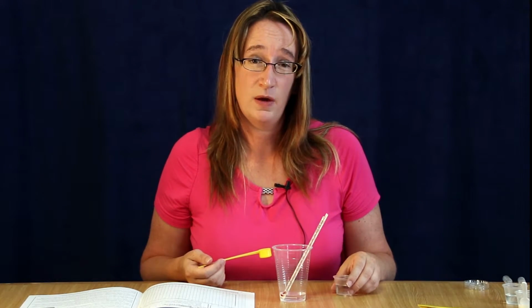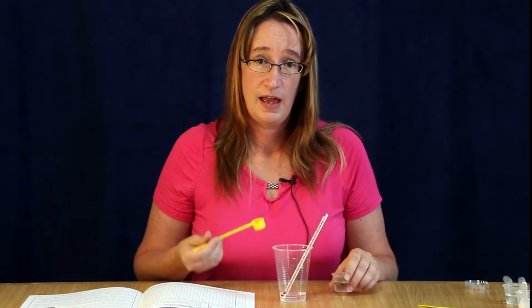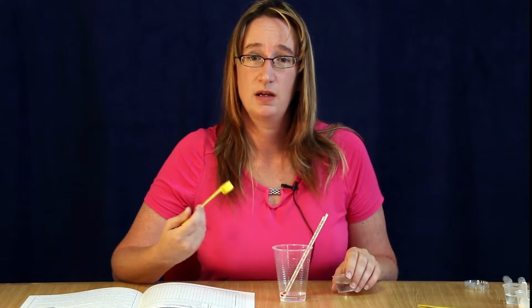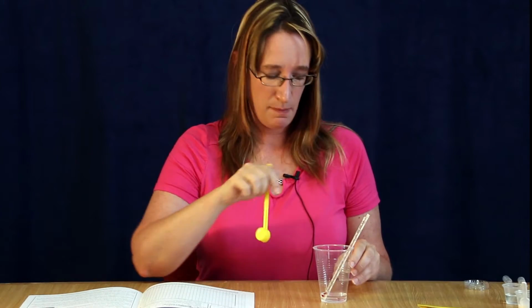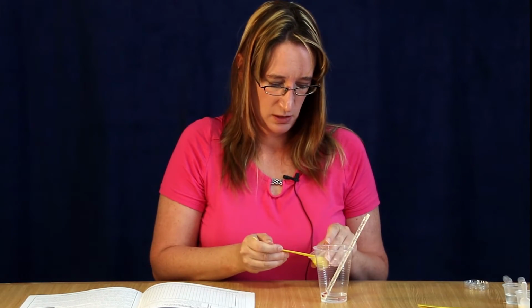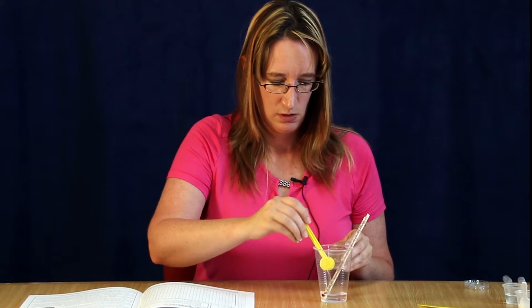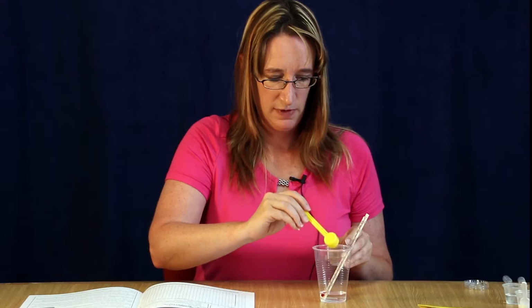And then we found that 1 scoop of vinegar and 1 scoop of baking soda is good for getting the results. So remind them that they'll want to take a baseline measurement, and then they can put their scoop of vinegar in, record their baseline at this point, and then 1 scoop of baking soda.